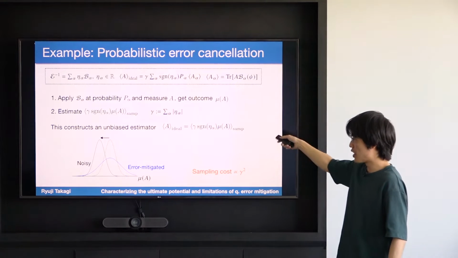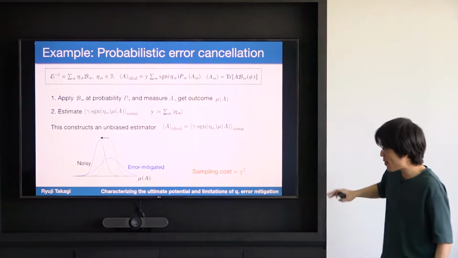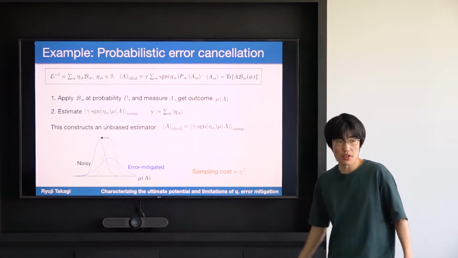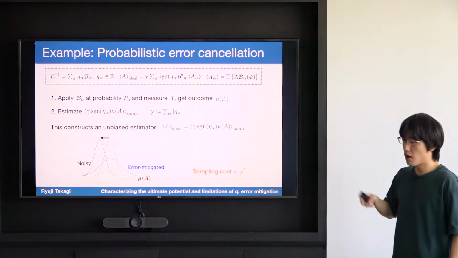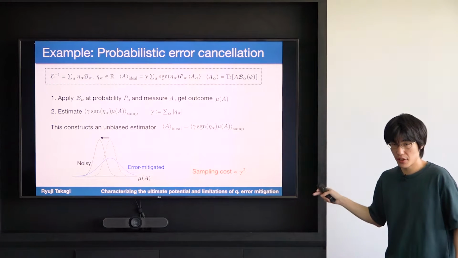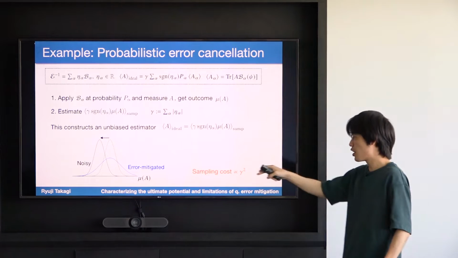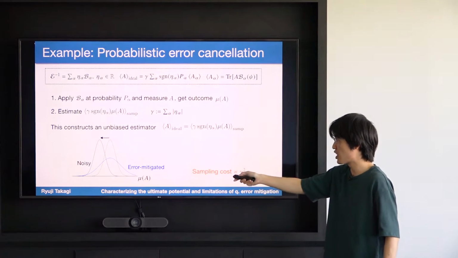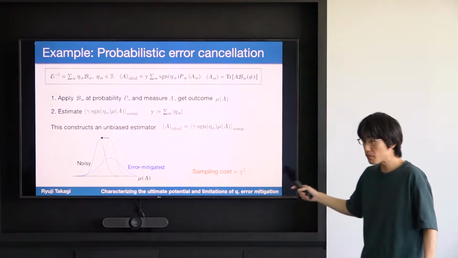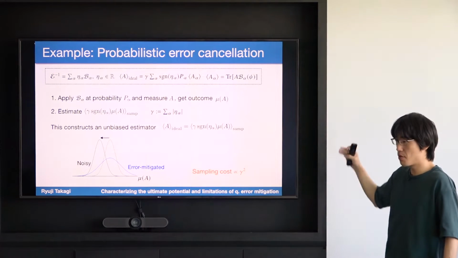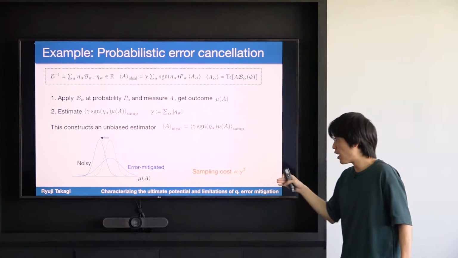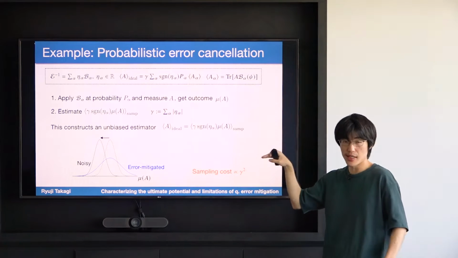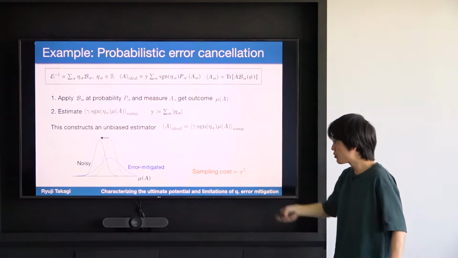So this was the operational way of doing it, but what's happening physically is that suppose this dotted distribution is the one that you would get from the noiseless, ideal state psi. If you measure this A, then you might have some distribution, and you're trying to estimate the expected value of this dotted distribution. But because of the noise, this distribution might be shifted towards some direction. Say, if you get a depolarizing noise, it might just go in the direction of the origin.